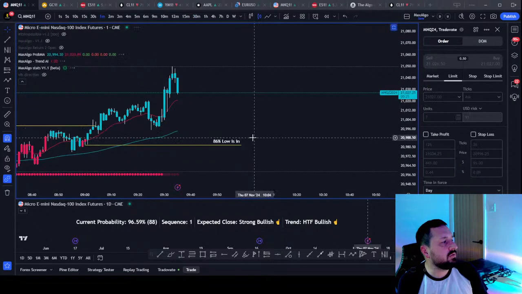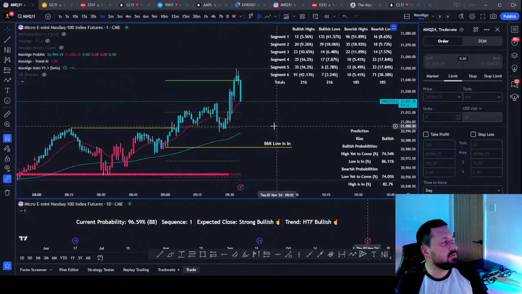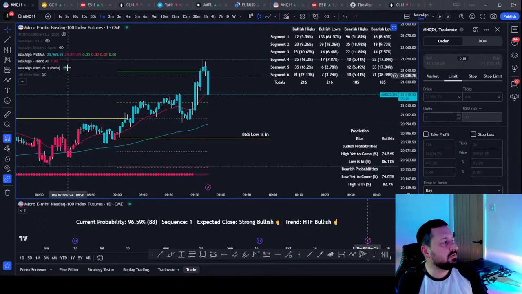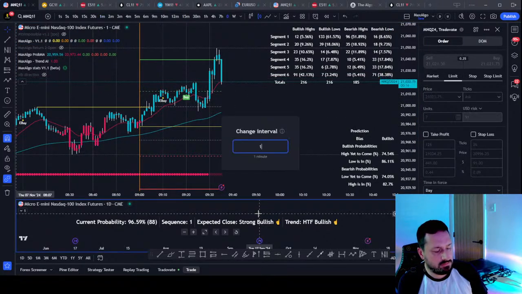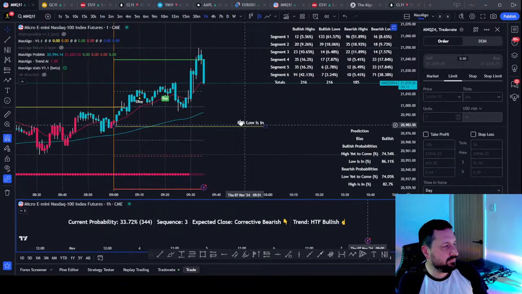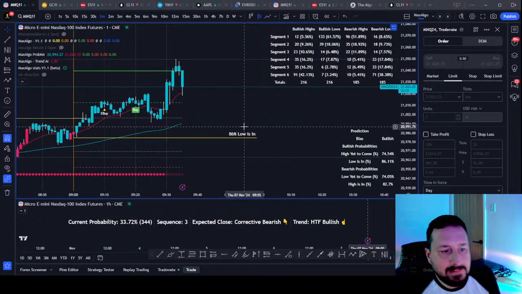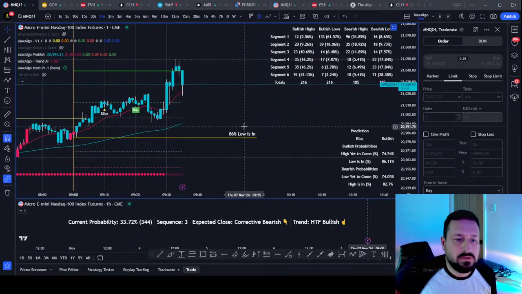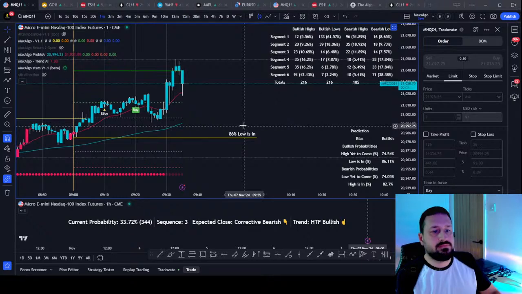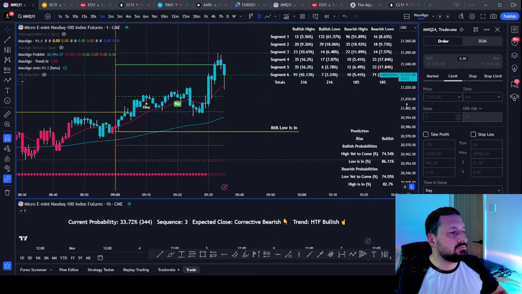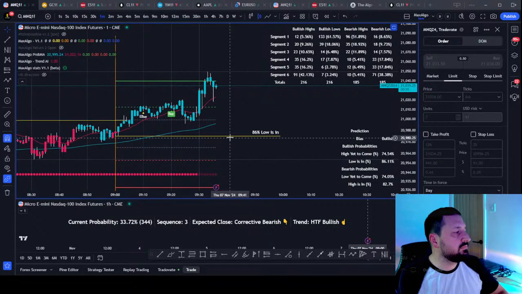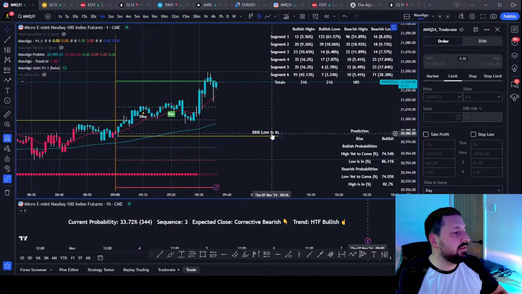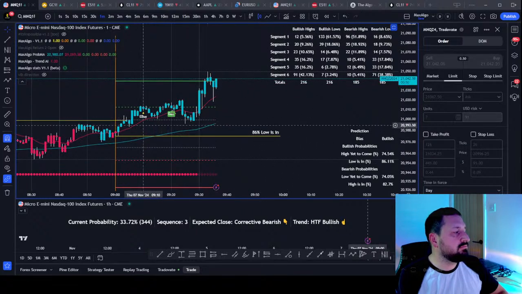Back down to the minute because we're on the hourly. View 1. So obviously New York respecting our probability.